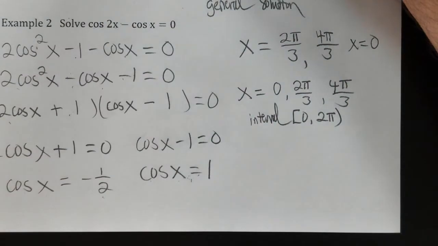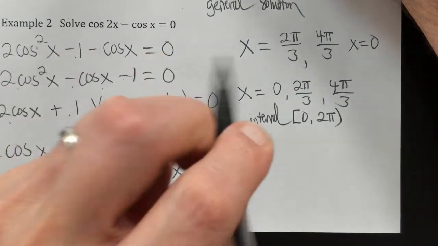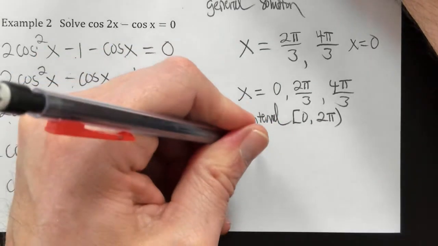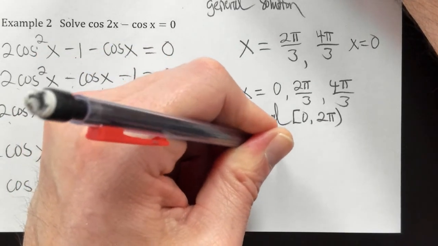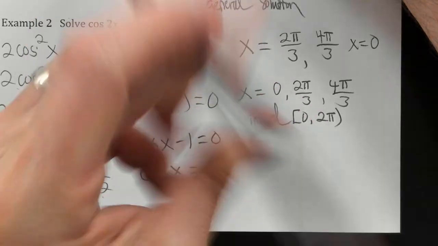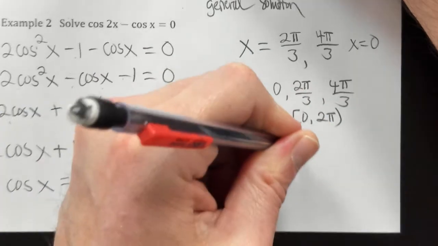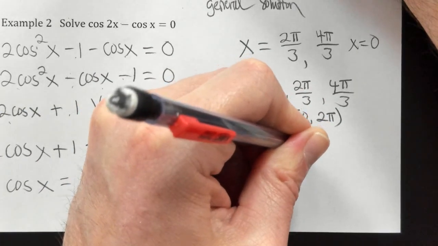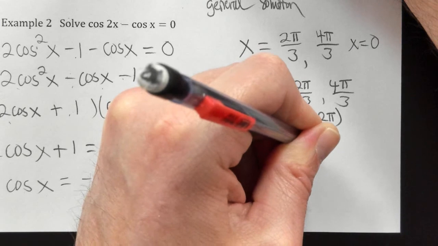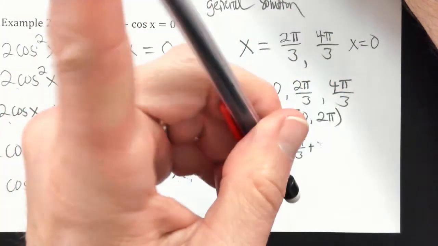Okay. Now we can write out our general solution, which for 0 would be 2 n pi, sorry, 2 n pi. 2 pi over 3 plus 2 n pi.